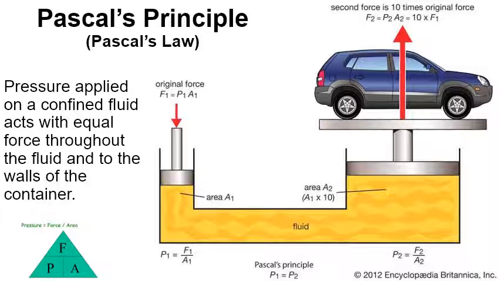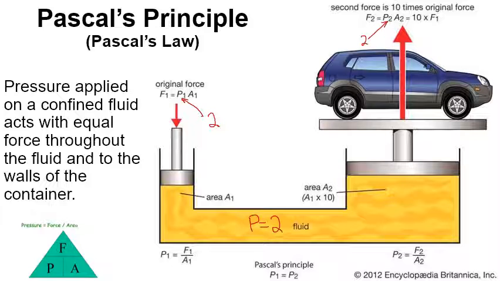So let's say, for argument's sake, that our pressure is equal to 2. We're not going to use units, we're just going to use a really simple example here that will help you to understand the principle. So if the pressure of this fluid is equal to 2, according to Pascal's principle, that pressure is the same everywhere. So P1 is also equal to 2, and P2 is also equal to 2.